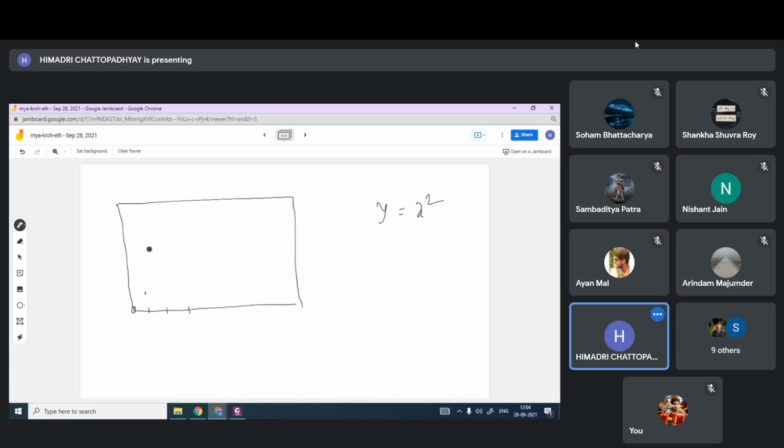If I get these 3 points, it looks somewhat like this. But if I calculate the intermediate point, this will be 4, and if you join them, it looks better. So this interval matters when it is not a linear thing, because the gradient is continuously changing.